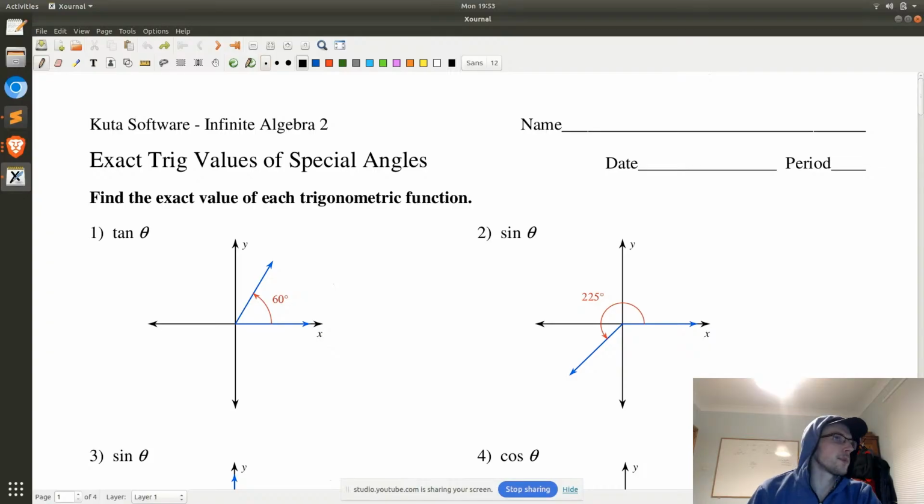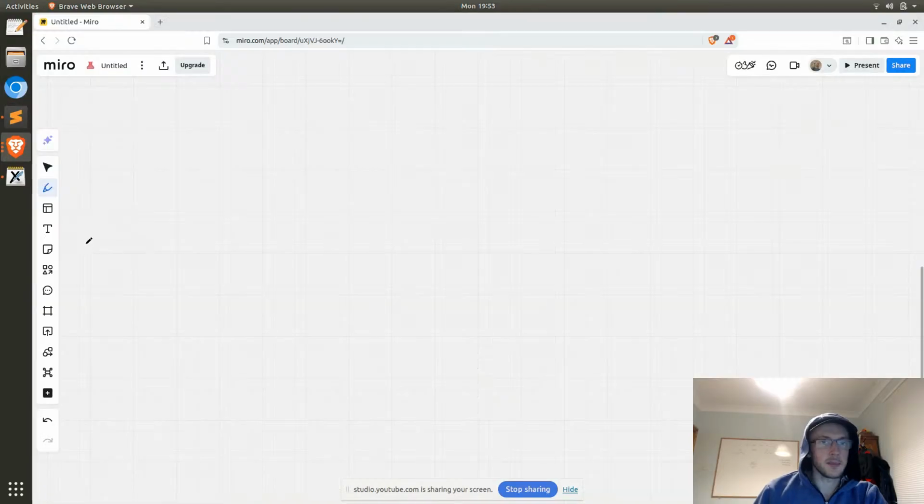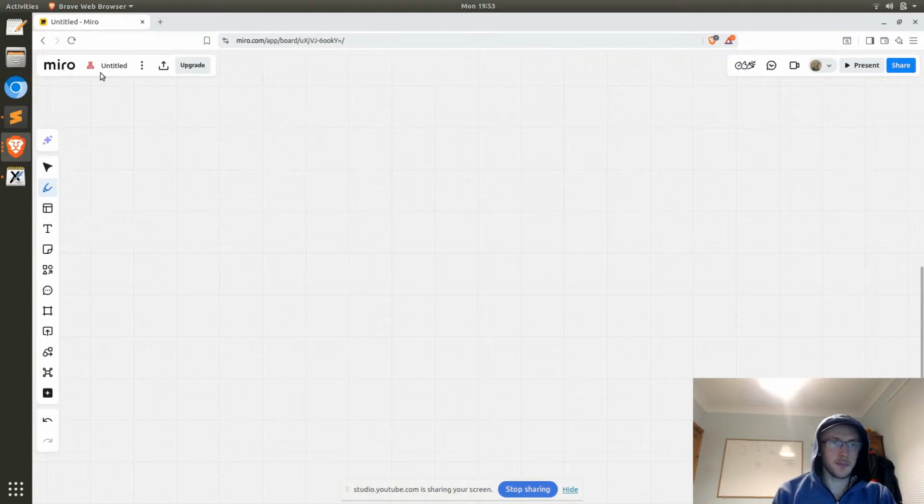Okay, so what does this mean? Exact trig values. Trig values of special angles.